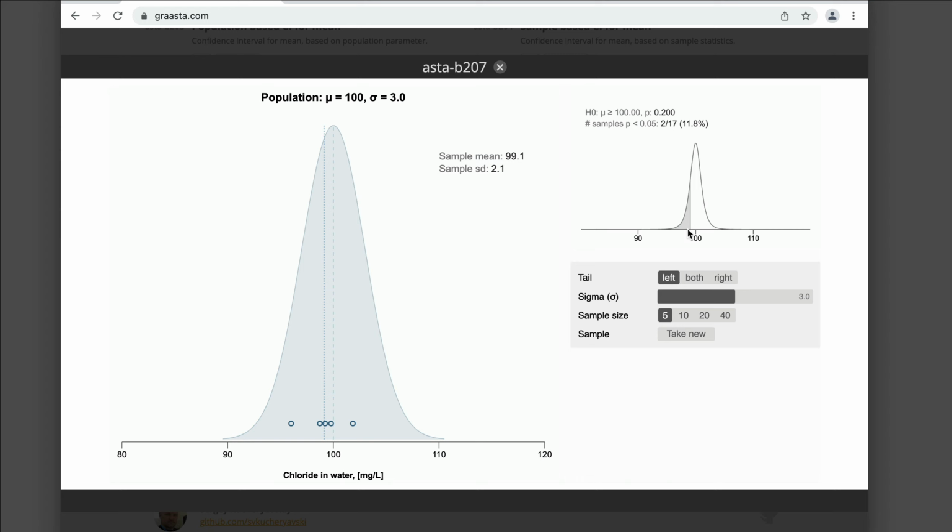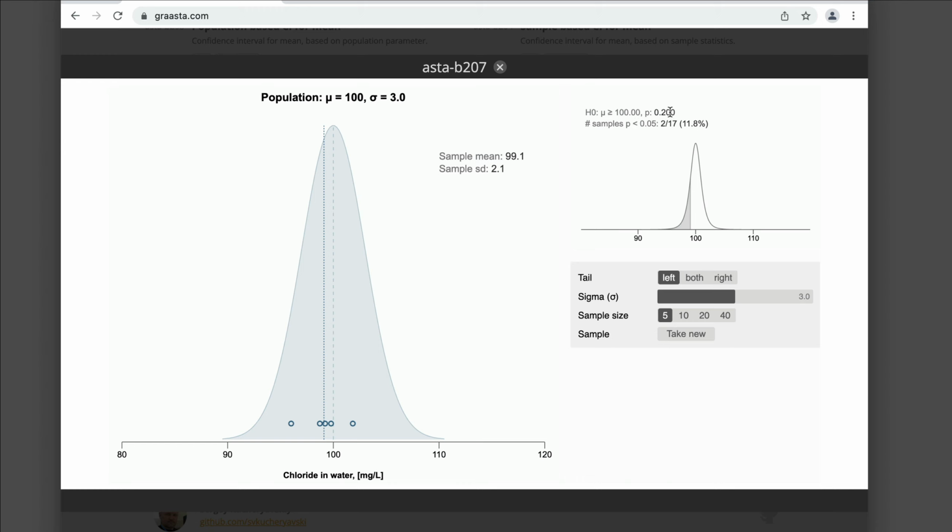So therefore, the p-value is the chance to get a sample as extreme as mine, or more extreme, for the null hypothesis, and that's exactly this area, right? And that's what you can see here. The p-value is 20%. So 20% chance to get a sample of this average 99, or maybe even less, if the average of my population is 100.